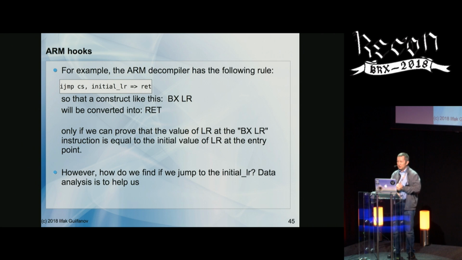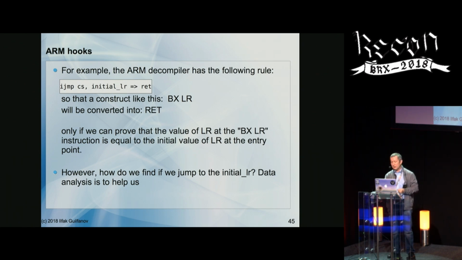We just remember the value of LR. Usually it's saved somewhere on the stack, and we just prove that the stack value, the value that comes from the stack slot, has not been changed by the function.